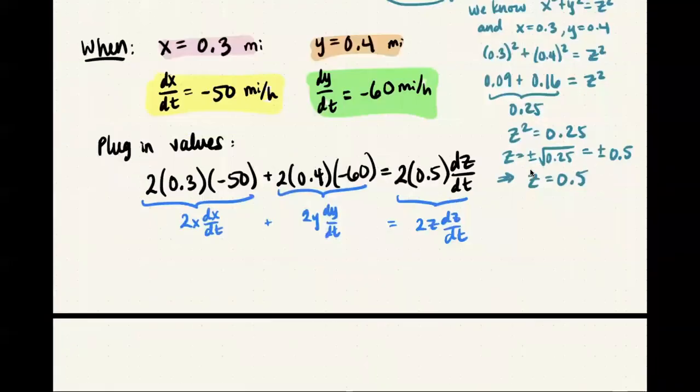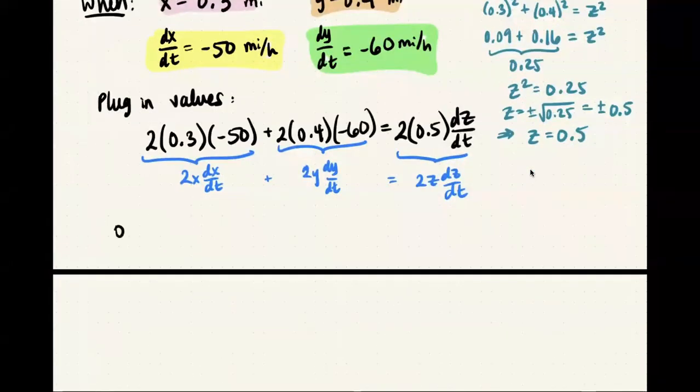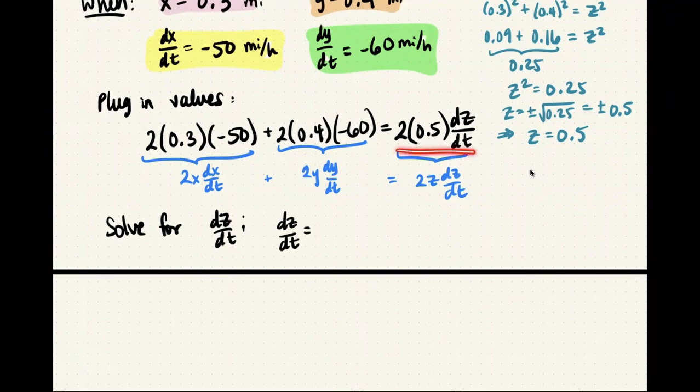Okay. At this point, you need to solve for dz dt. Now, I'm not going to do all the algebra on the screen here, but really you're computing dz dt. I'm trying to get dz dt by itself. So I'm just going to divide both sides of this equation by 2 times 0.5.